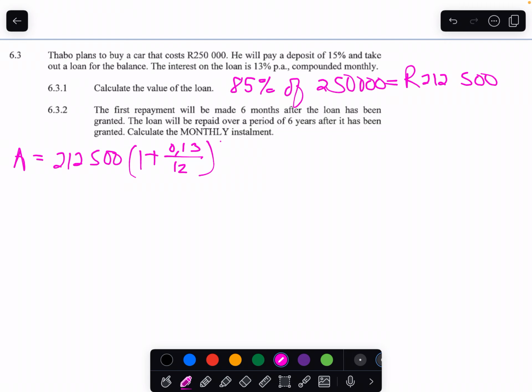And it's going to grow for the 6 years that you're going to be repaying and the 6 months where you weren't repaying, right? There are 72 months in 6 years plus the 6 months where you're not paying at all. So it's going to grow for a total of 78 months.